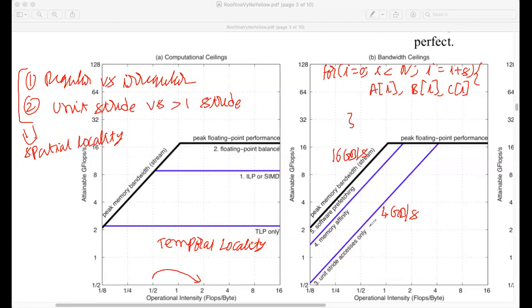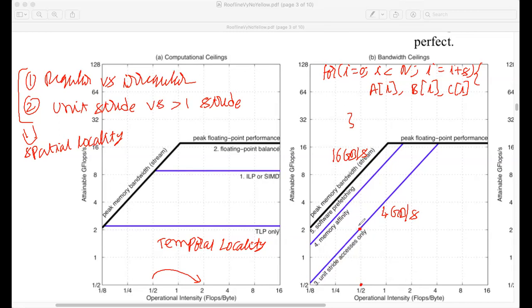Because of that, you are able to get 4 GB per second. When you have such a low memory bandwidth, you will be hitting the roofline here. Let's say you have a kernel with operational intensity half, then you will hit the roofline very close. So here you are.